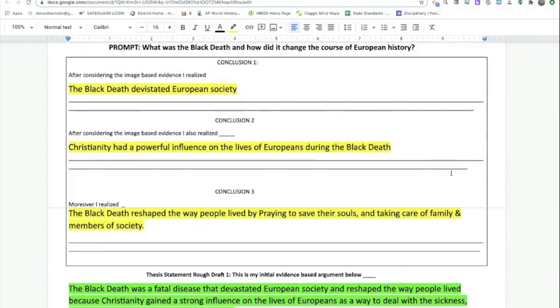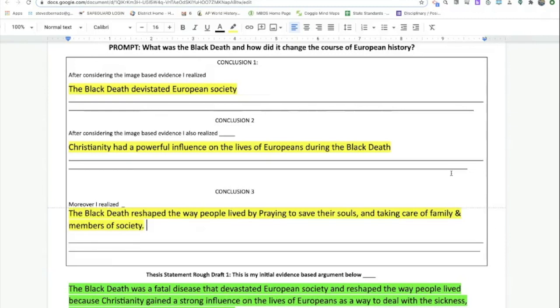Student has now become the teacher. Student, what was the Black Death and how did it change the course of European history? Mr. D, the Black Death, oh man, it was a fatal disease, a deadly disease. And it devastated European society, villages, towns, kingdoms. Mr. D, it reshaped the way people lived at that time in Europe.